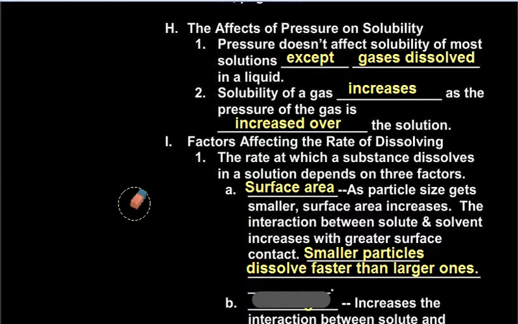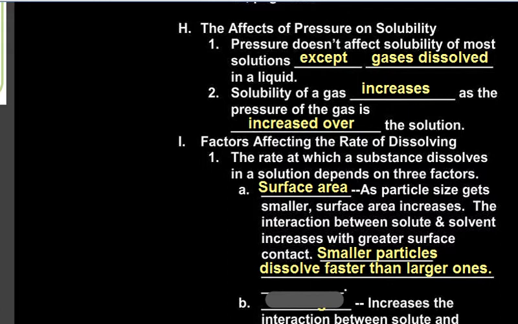But the idea behind it is when you have a solute, particularly a solid solute, getting dissolved into a solvent, the only place where you have interaction between the two substances is on the very surface.